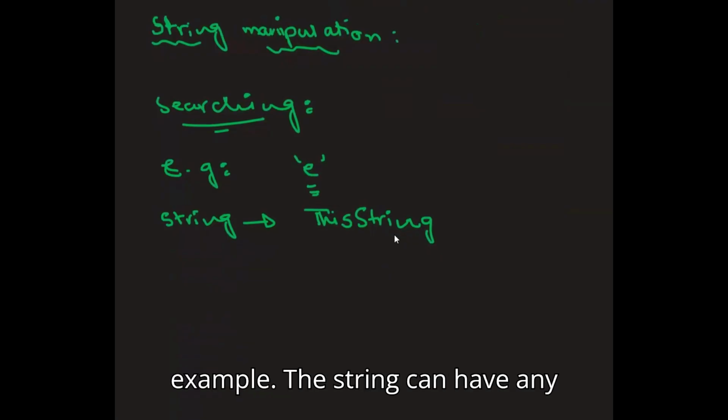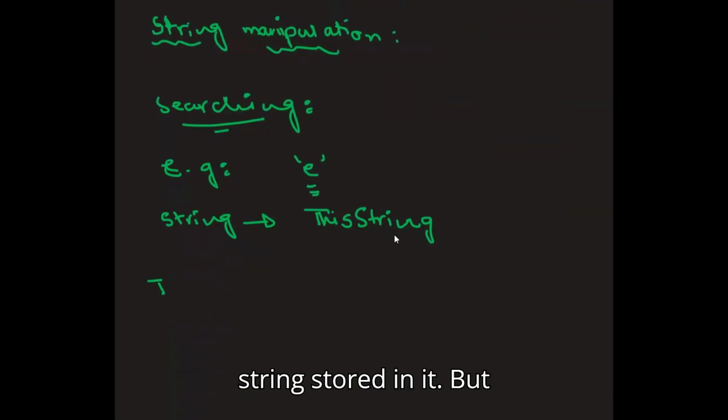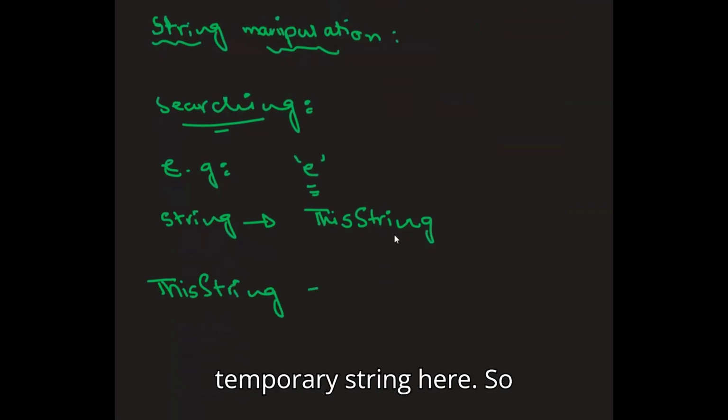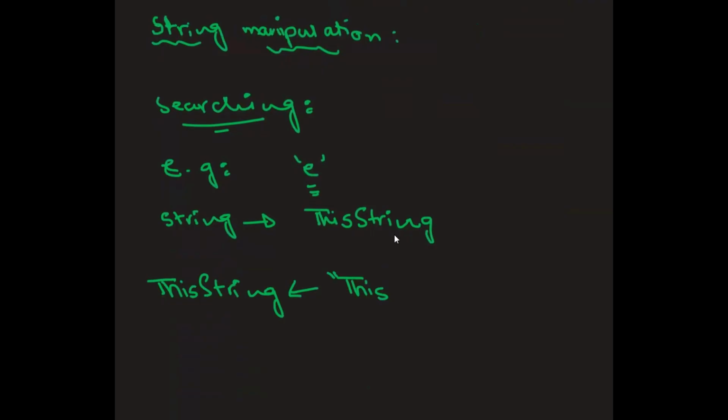This is just an example; the variable can have any string stored in it, but just to give an idea, I am going to store a temporary string here. That string can be "this is a tree".